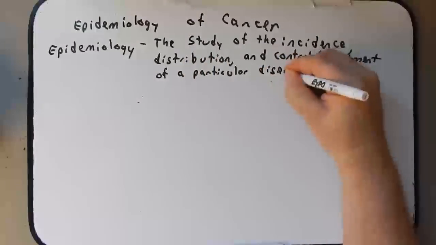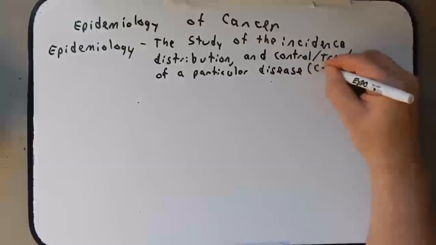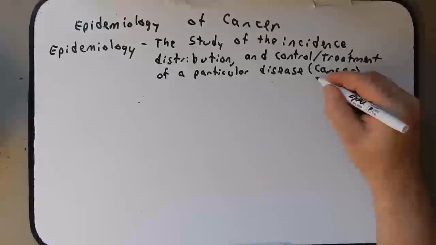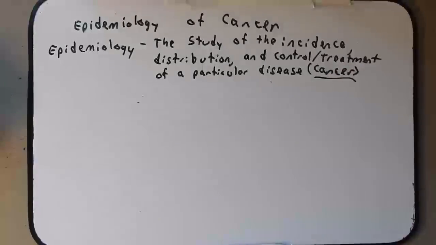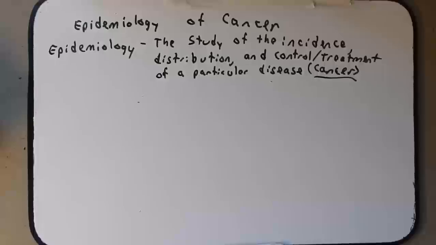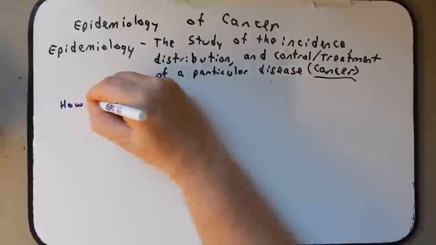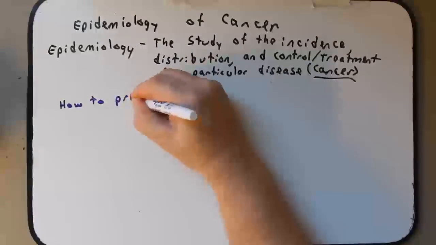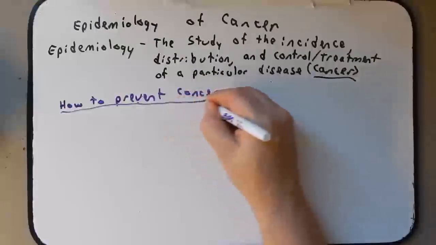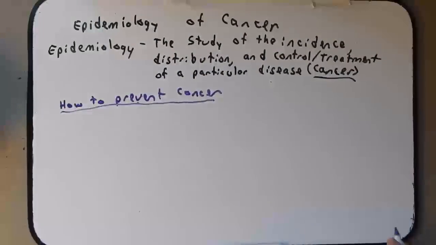And in this case, we're talking about cancer. But epidemiologists study all kinds of diseases. But we want to talk about cancer today. And the reason why this is really important to understand the epidemiology of cancer, where it occurs, how often it occurs, is that it helps us understand how to prevent cancer.